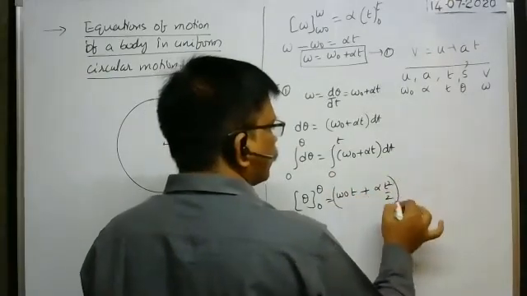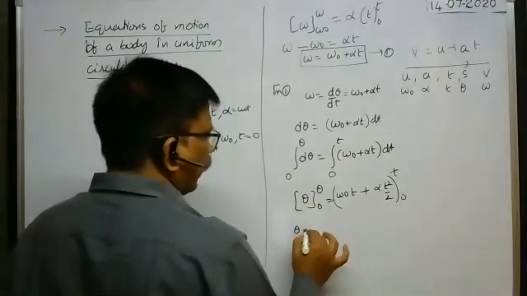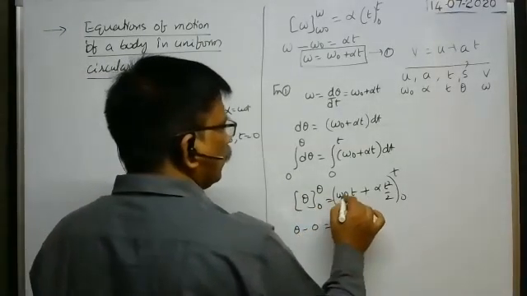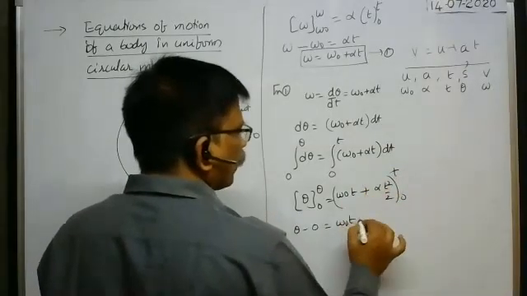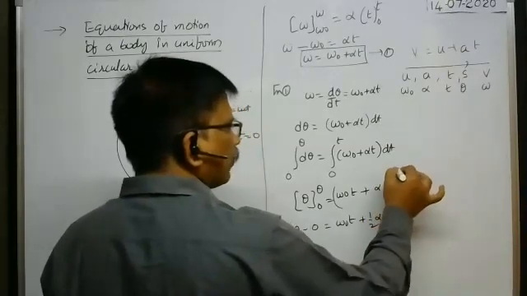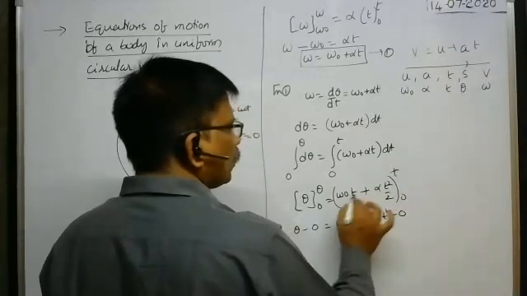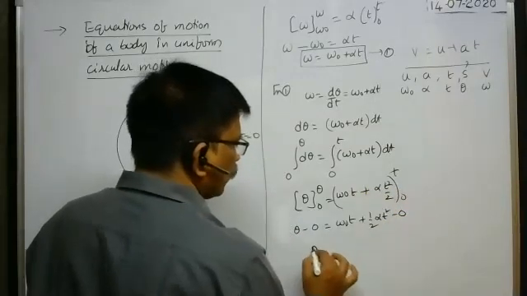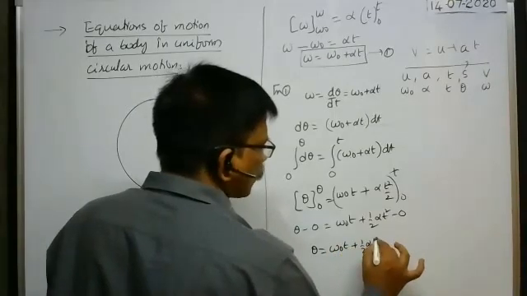Then you apply the limits 0 to t. Upper limit substituted minus lower limit 0: omega naught into t plus half alpha into t square. When you substitute the lower limit, you will get 0. Therefore theta is equal to omega naught t plus half alpha t square.